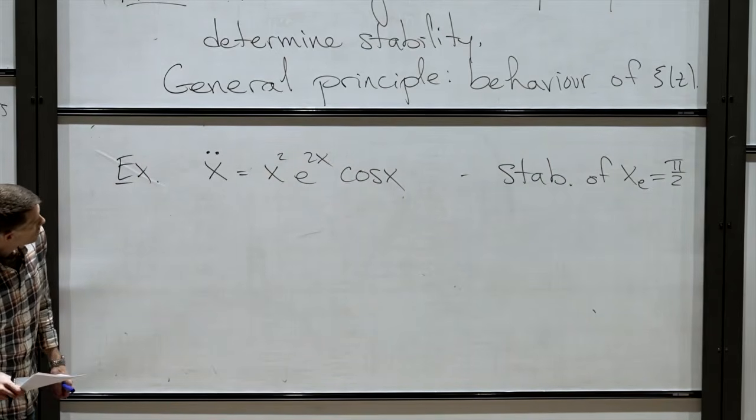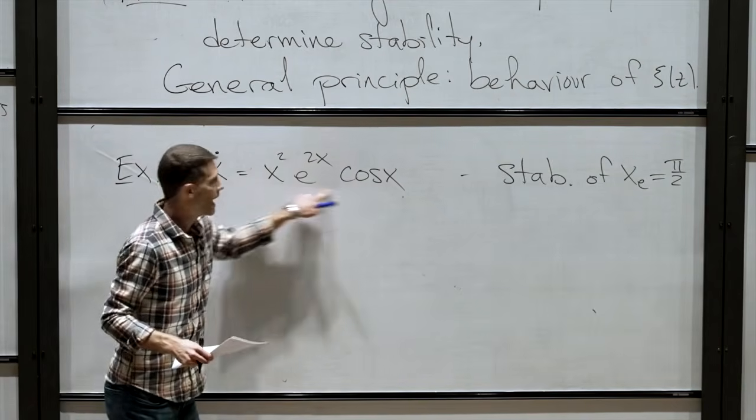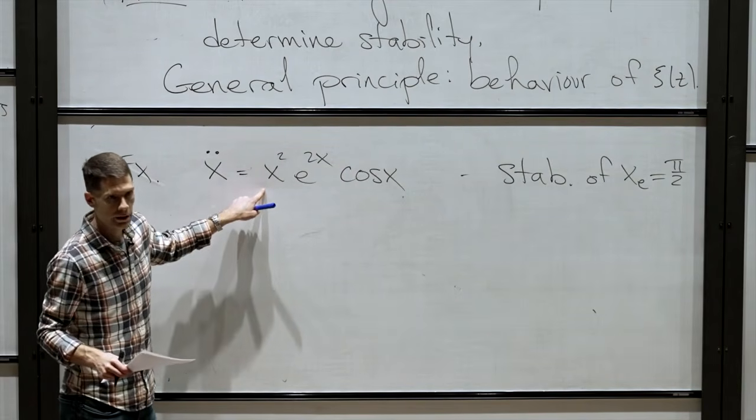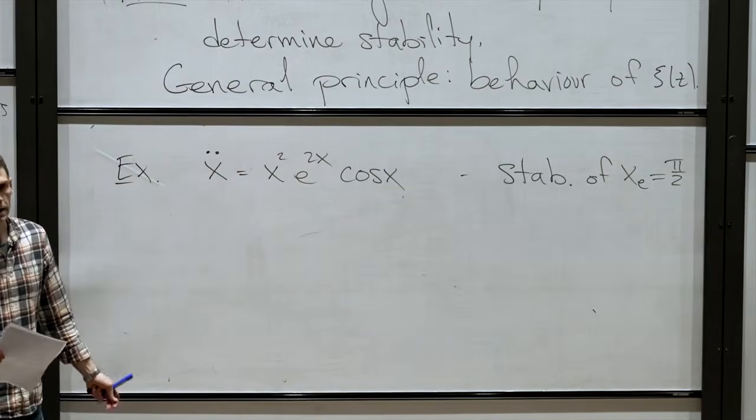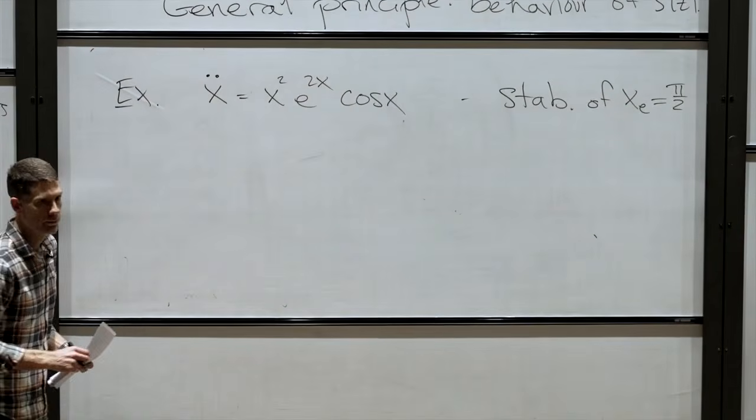And if I want to call that f and take a derivative and evaluate at pi over 2, I could do it. It's a bit messy, right?